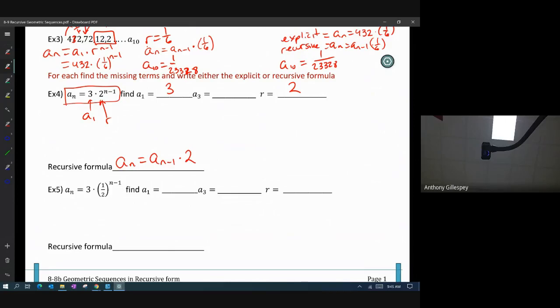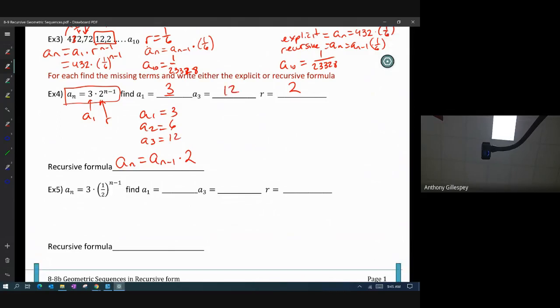Okay, so how should we find a sub 3? Should we use the recursive or the explicit? What do you guys think? I would use the recursive because I'm only 1 step away from it, or 2 steps away. If a sub 1 is 3, then a sub 2 is what? 6, and a sub 3 is 12, yes. 12, done.